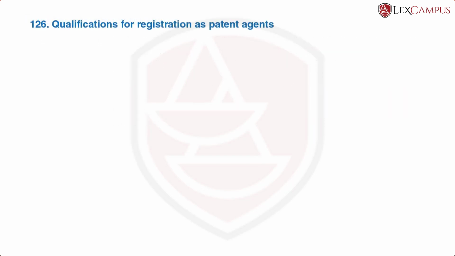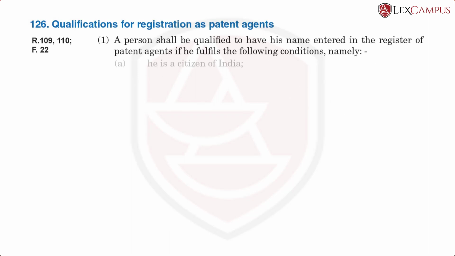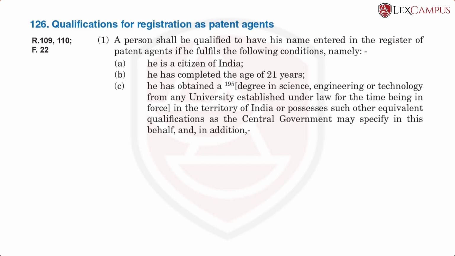Now, the qualifications to become a registered patent agent: one, you should be a citizen of India, should have completed 21 years and should have a degree in science, engineering or technology from a recognized university. Now, science, engineering and technology includes quite a lot of courses, and it includes courses purely on computer applications and computer administration.